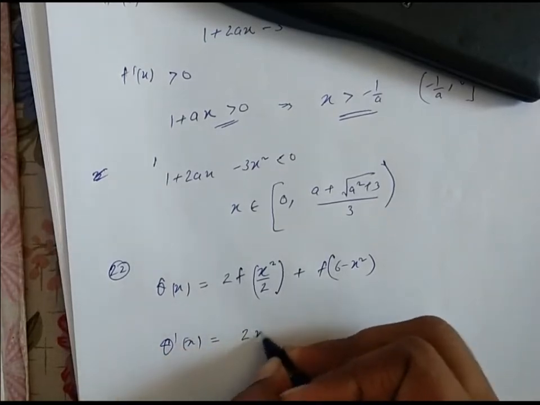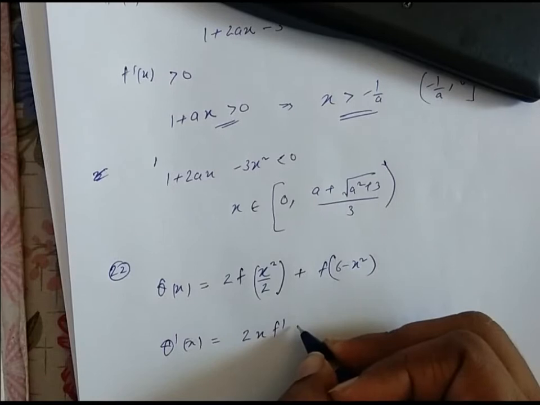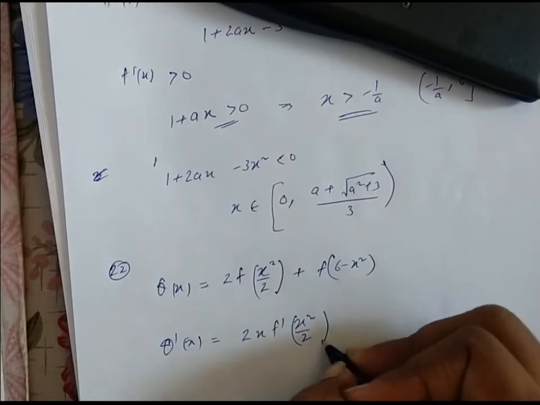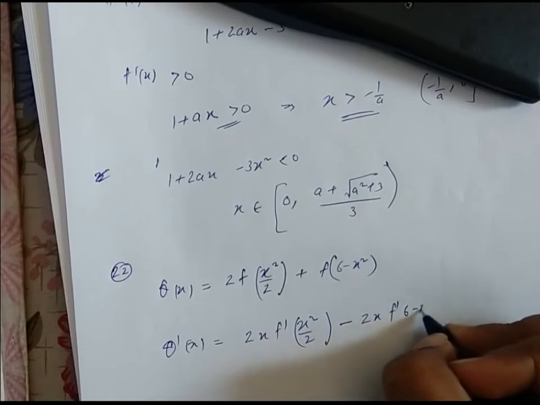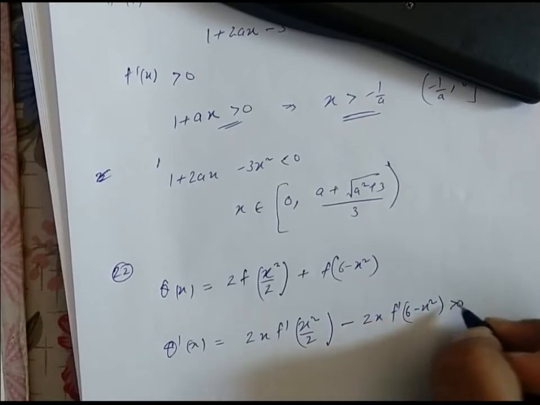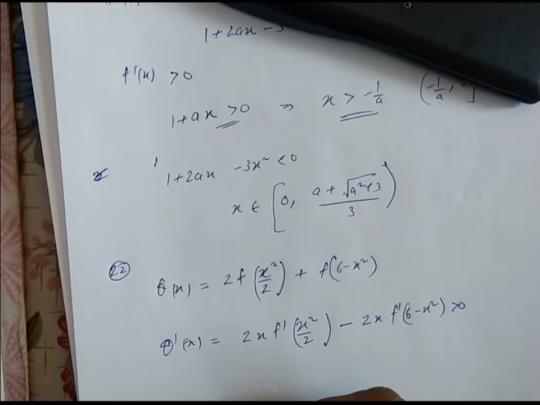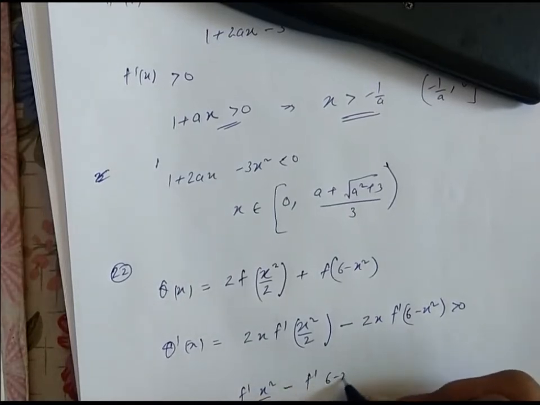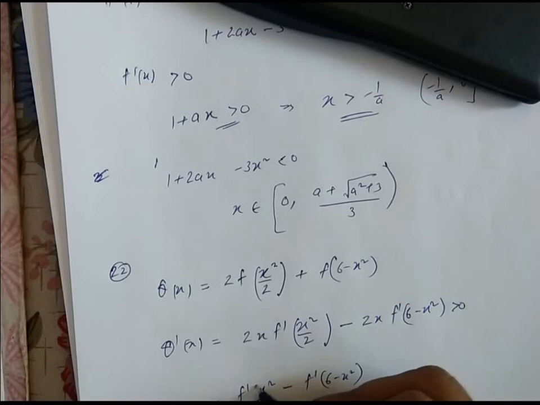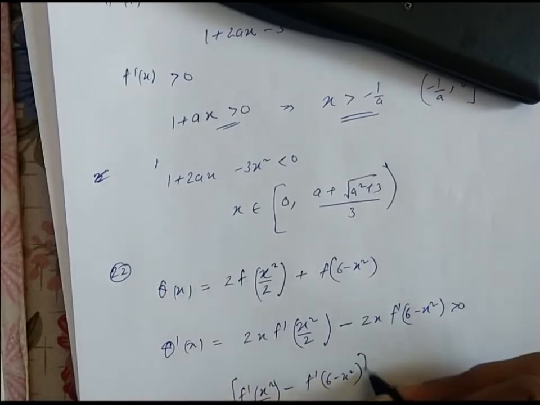q dash is equal to 2x f dash of x square by 2 minus 2x f dash of 6 minus x square, greater than 0. So for increasing q, 2x times (f dash of x square by 2 minus f dash of 6 minus x square) has to be greater than 0.